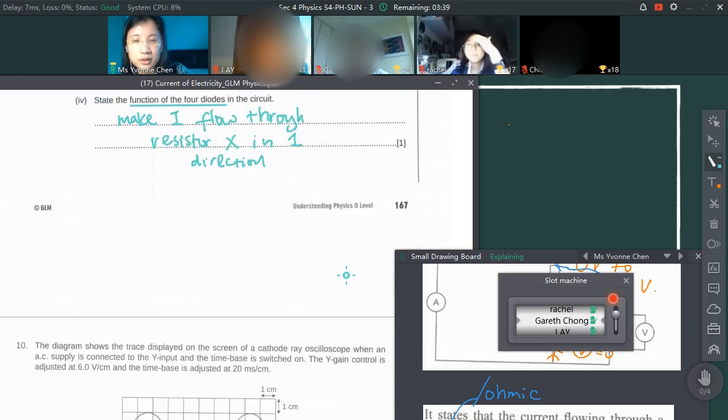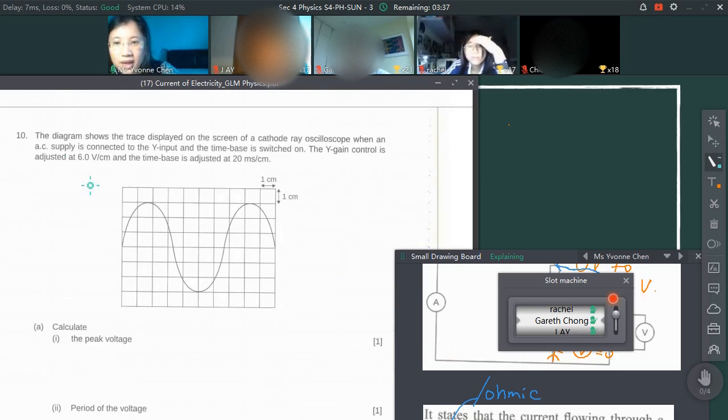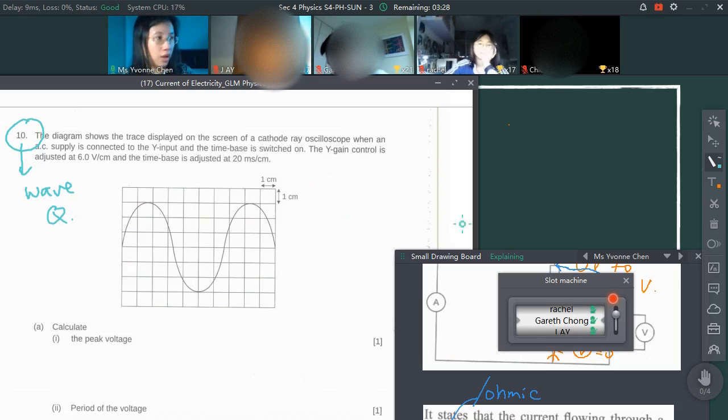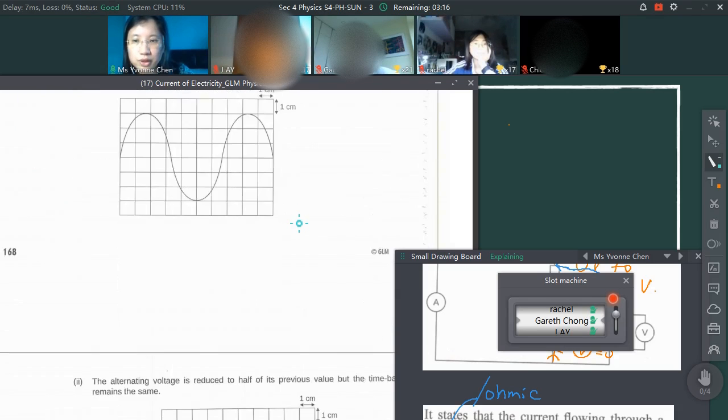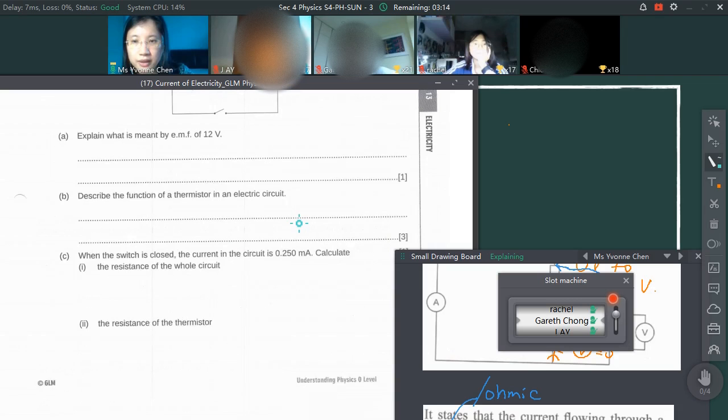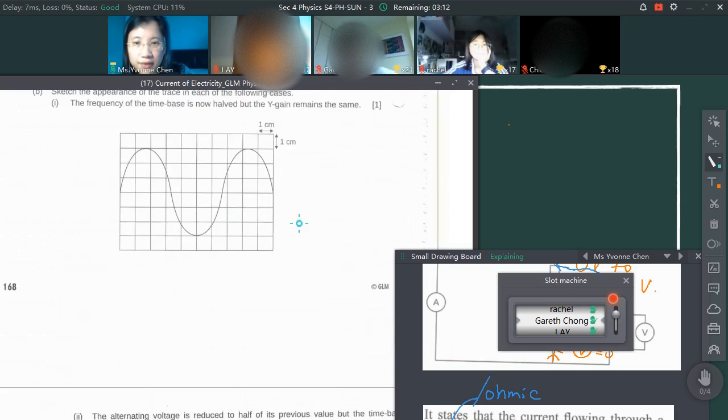Okay, so for question 10, you can do the question as if it's a wave question. All of us have learned wave, so you can do the question as a wave question. I think we probably don't have so much time to finish question 10, 11. 10 and 11 are not very tough.